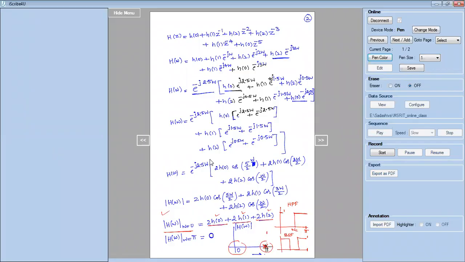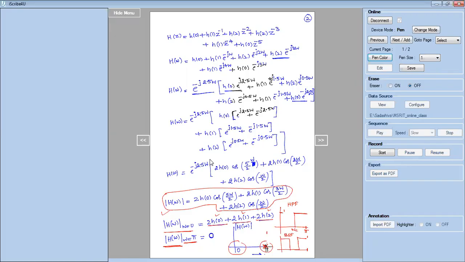But if you consider the magnitude response at omega equal to pi, what is going to happen from this expression? From this expression, I can write 2 times h of 0 into cos of pi by 2 plus 2 times h of 1 into cos 3 pi by 2 plus 2 times h of 2 into cos pi by 2.